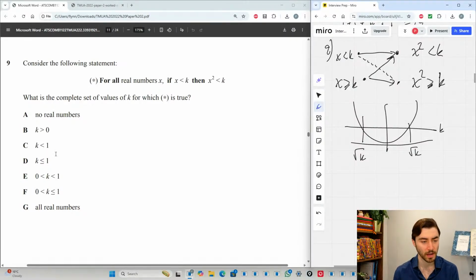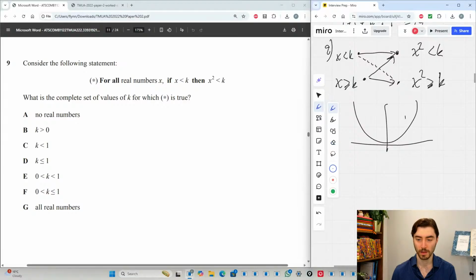Well, let's consider numbers between 0 and 1, because I'm seeing lots of zeros and ones. So if k is between 0 and 1, if x is less than k, let's plop a k down. Then this would be the point k squared. So if x is less than k, let's consider between 0 and 1.